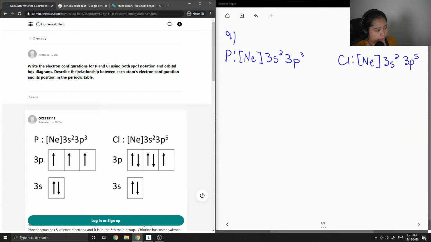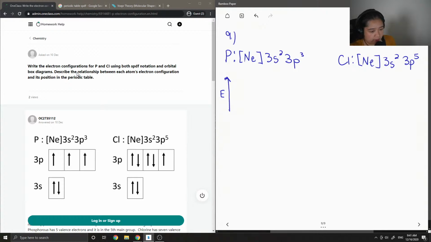Okay, so we need the orbital box diagrams. So I'm just going to draw this showing the energy as well. So 3s is here. 3p is a higher energy.